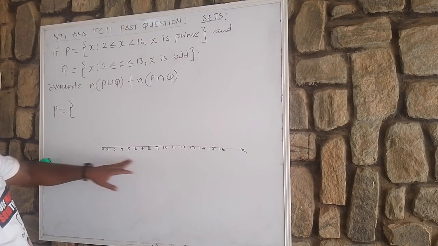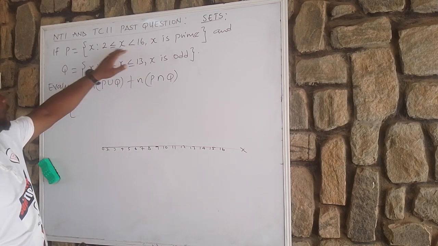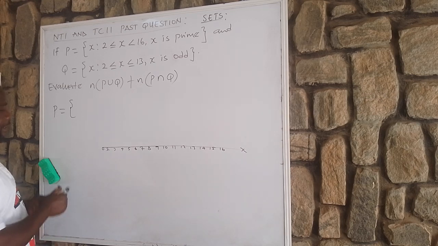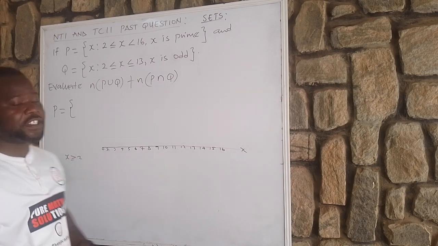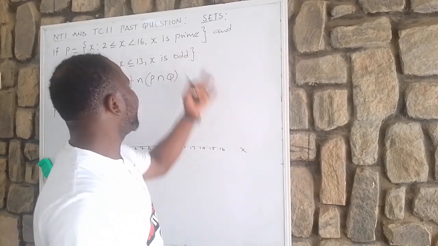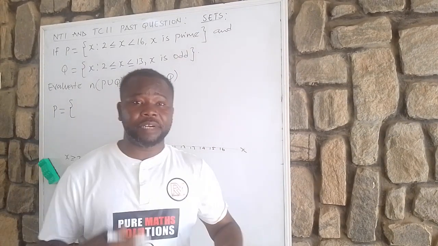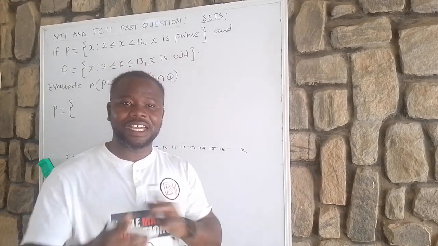So I'm just trying to explain this. They said X is greater than or equal to 2. When we say X is prime, we are talking about prime numbers. Prime numbers are numbers that can be divided only by themselves and 1.